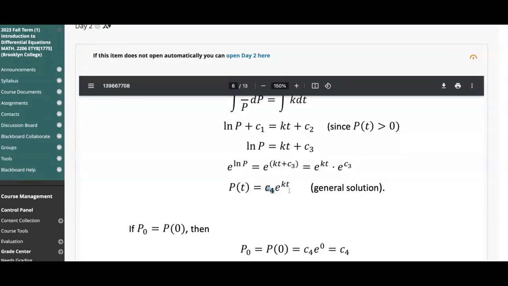It would be A times e to the kt. And if we do that, we see that's the compound continuously formula, right? So that's our general solution.